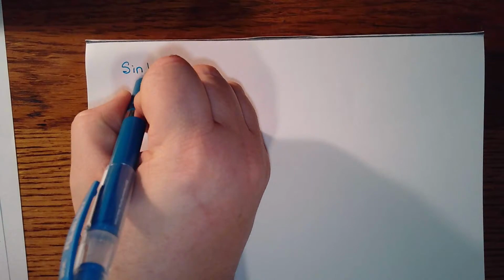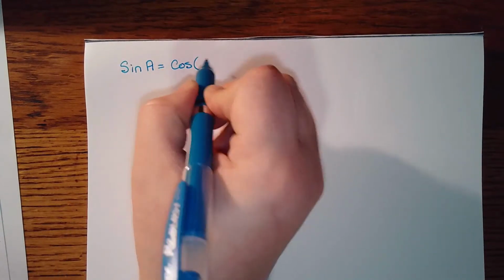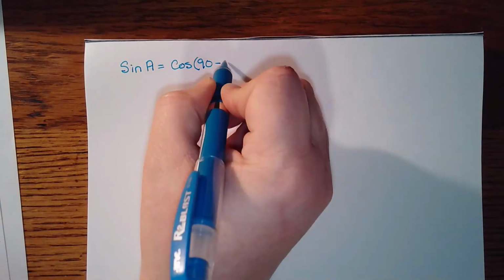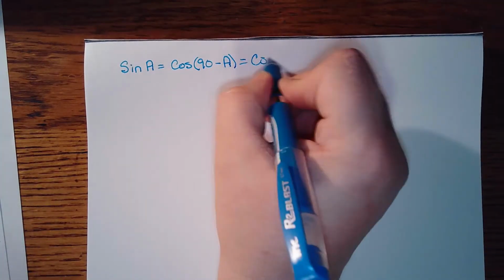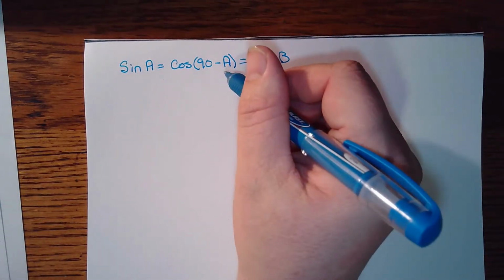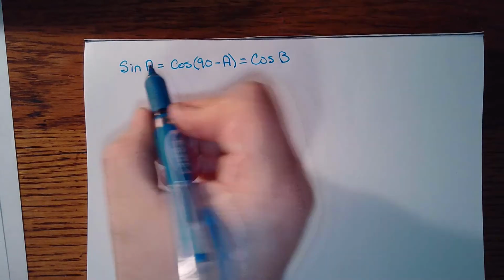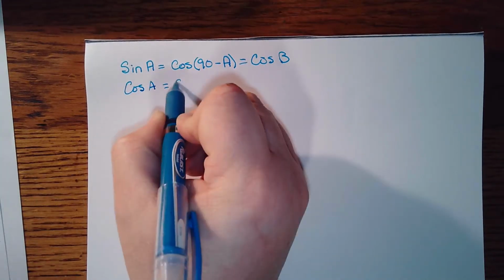Sine and cosine, like I said, have a very basic relationship. So if I'm starting out in sine, let's say sine A, and I want to go to cosine, I basically take 90 and subtract A, and it will give me cosine B, because after I change it, the two angles would be A and B. If I was at cosine A and I want to go to sine, I do the same thing.